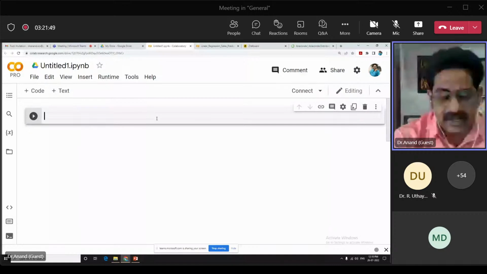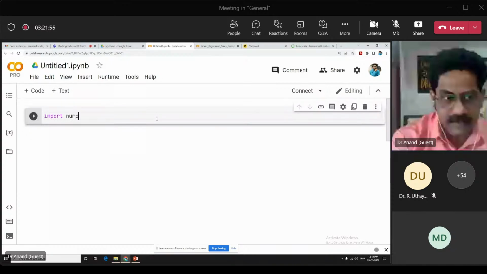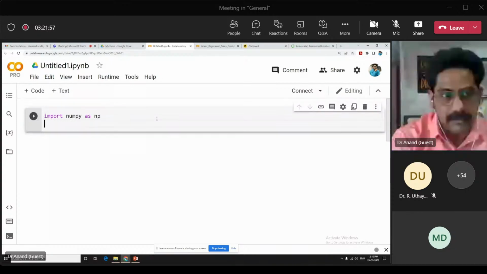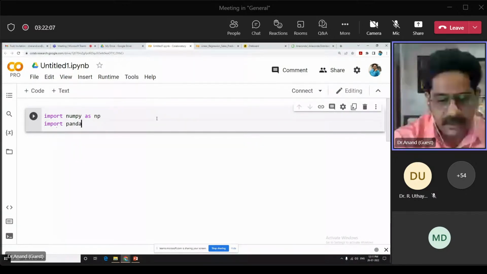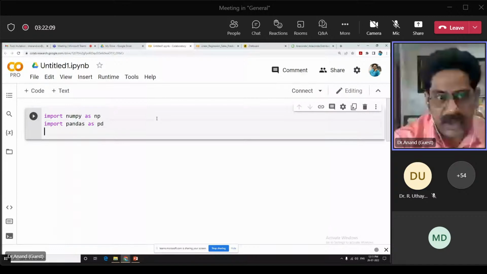We have so many libraries to import to work with the data. For example, some of the popular libraries are Numerical Python, the NumPy package, imported with a brief abbreviation, NumPy abbreviated as np. Import pandas as pd to handle your data frame, tabular data.